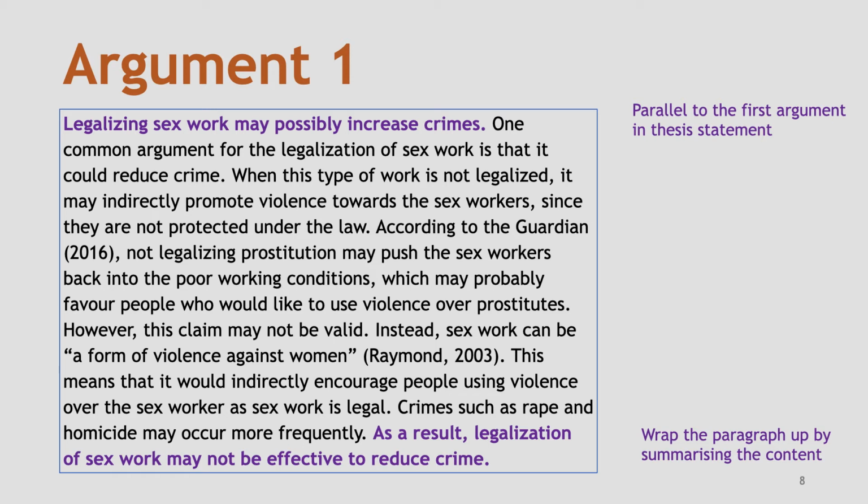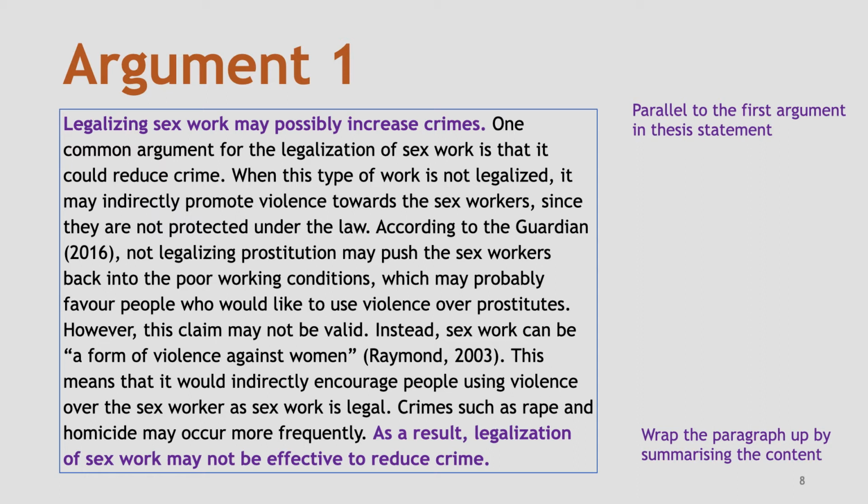And then you have another opinion from The Guardian. Not legalizing prostitution may push the sex workers back into the poor working conditions, which may probably favor people who would like to use violence over prostitutes. Okay, and then the paragraph goes on with opinions.